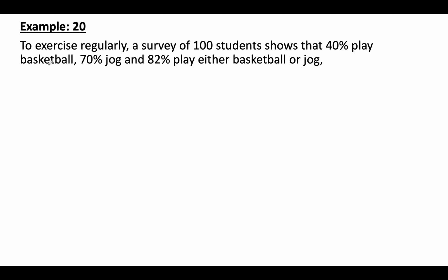So here, let B denote the students who play basketball, and let J be the students who jog.